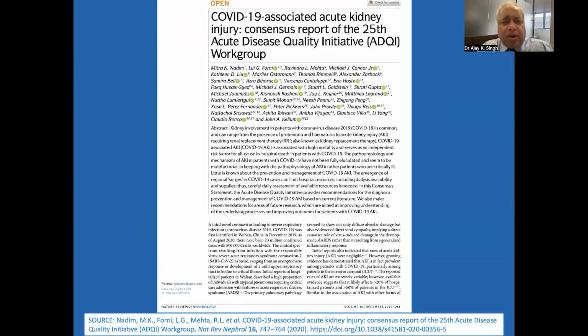Now, COVID-19 associated acute kidney injury has become an established part of the COVID-19 clinical syndrome. Here, in a consensus statement by the Acute Disease Quality Initiative, ADQI work group, Mitra Nadim and colleagues have really spent a lot of time thinking about COVID-19 acute kidney injury.